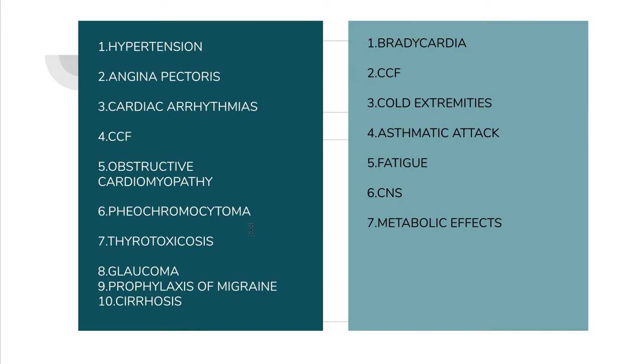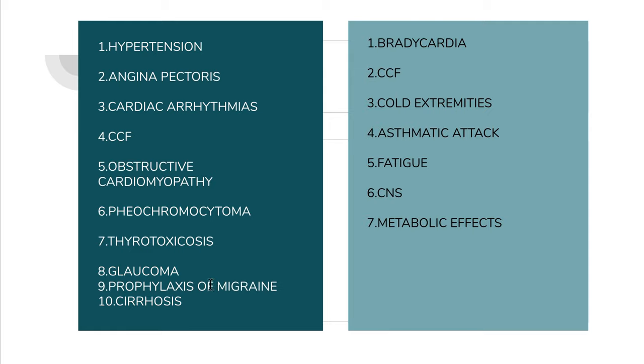So the uses are in hypertension, angina pectoris, cardiac arrhythmias, CCF, obstructive cardiomyopathy, pheochromocytoma, glaucoma, and prophylaxis of migraine. Again, this is due to vasodilation of the cerebral blood vessels.